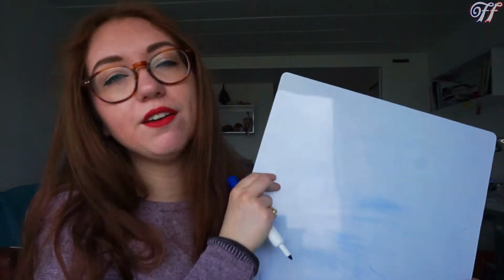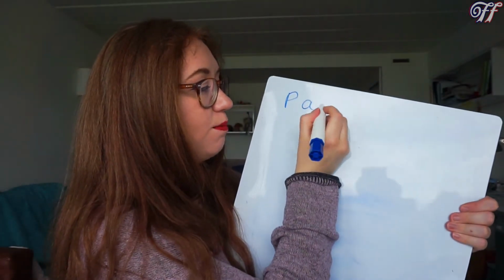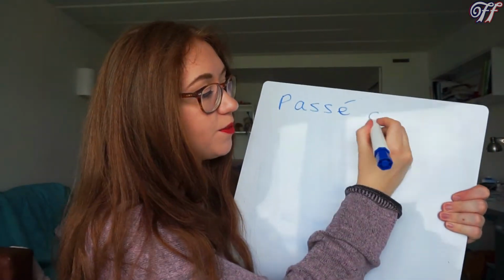I'm now going to move on to some of the things that people actually commented they were having problems with. One of them was someone couldn't remember the passé composé, which is a tense in French.